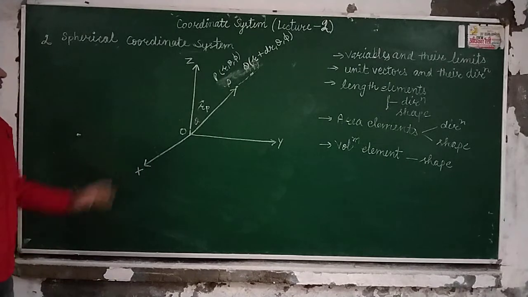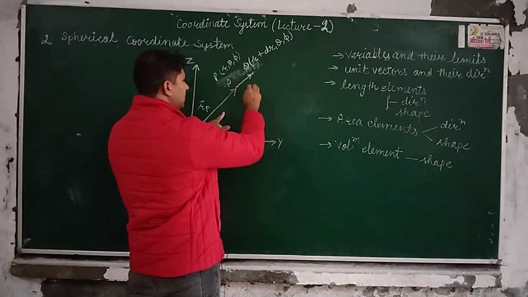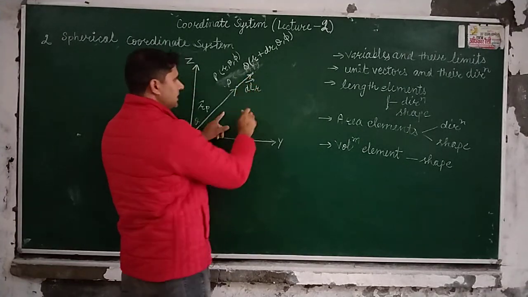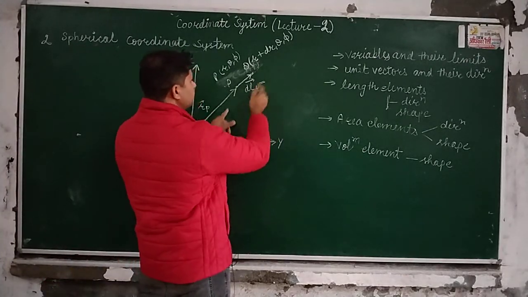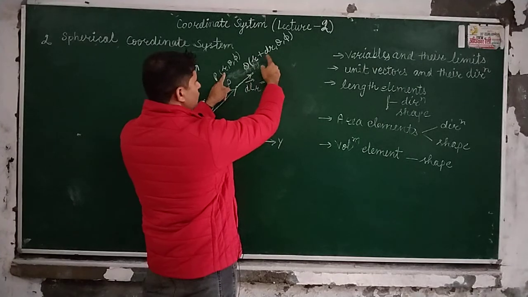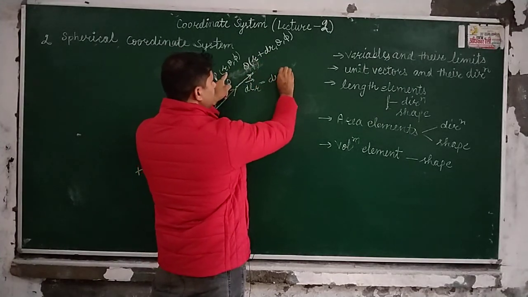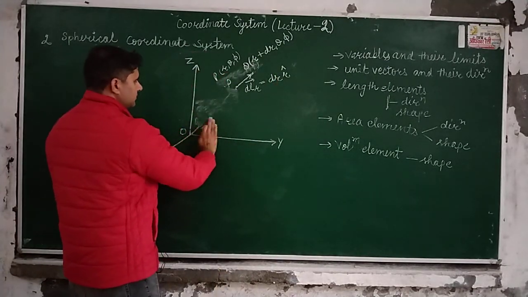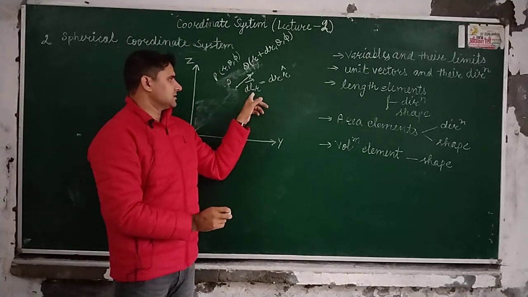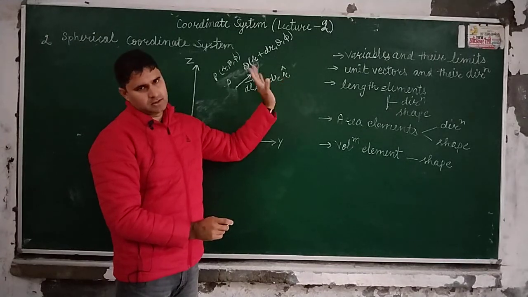From this we can get an idea of the length element along the radius vector, and I am writing it dlr. You will take the difference of r plus dr and r, so this will be dr into r cap. So this length element from P to Q is dlr, and this is dr into r cap.